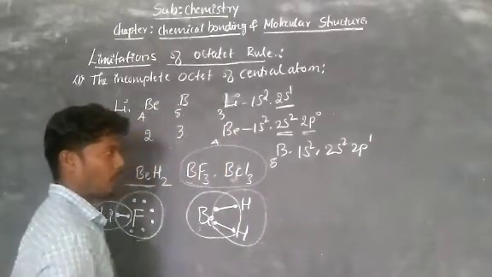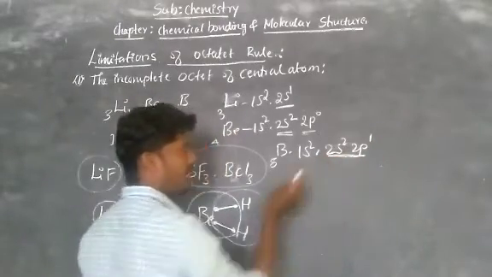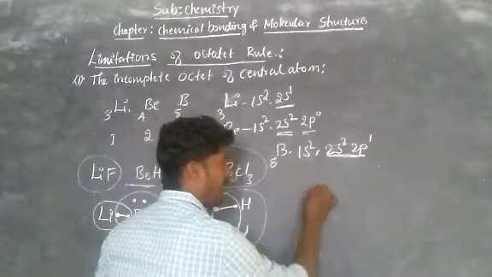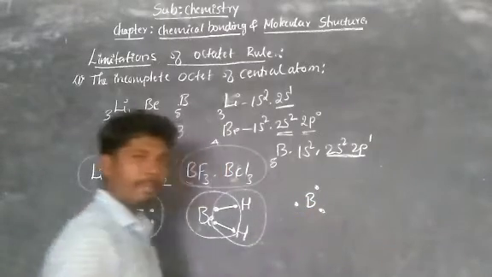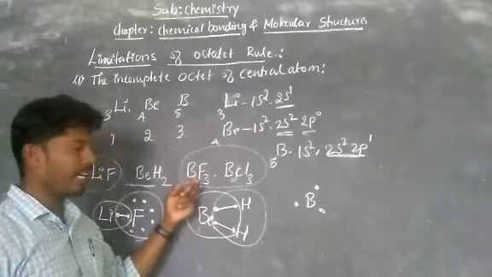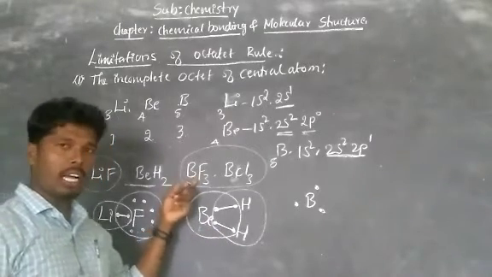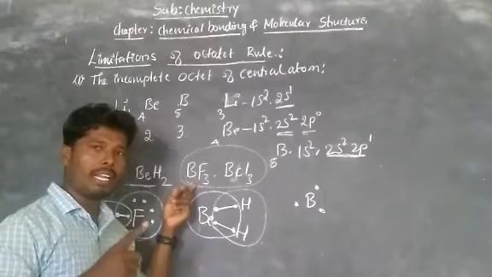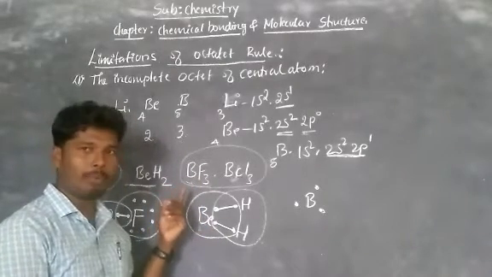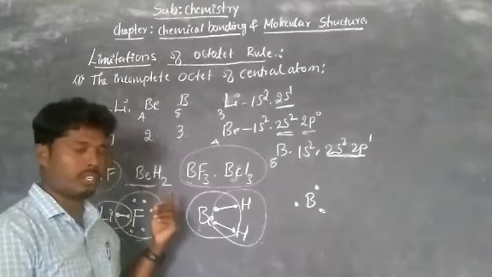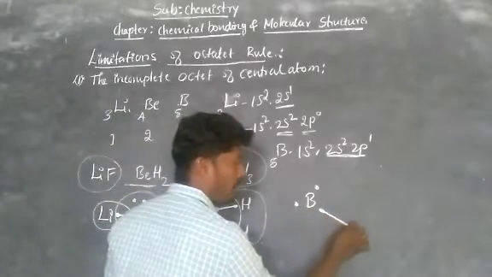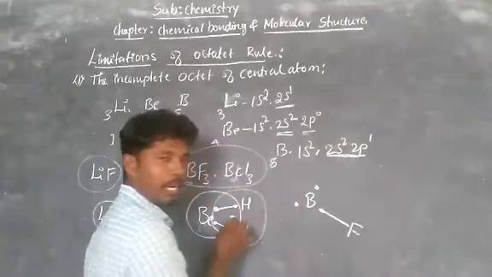See here, there are only 3 electrons around the boron, so boron has the ability to make 3 bonds with neighboring atoms. Now here we are taking fluorine. The fluorine is deficient by only 1 electron to attain the next noble gas configuration, that is neon configuration. Therefore this fluorine makes only 1 bond with boron.